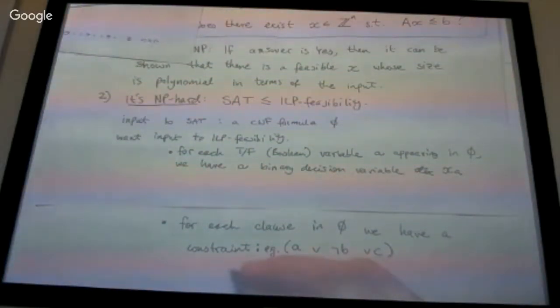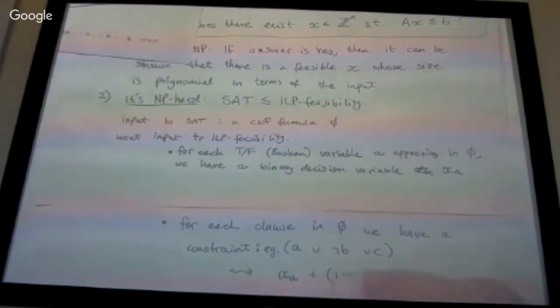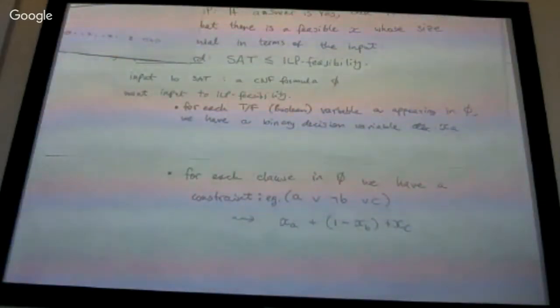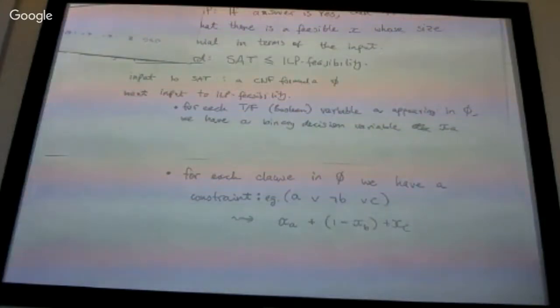So from this we get XA plus, the negation is 1 minus XB, plus XC, is greater than or equal to 1.